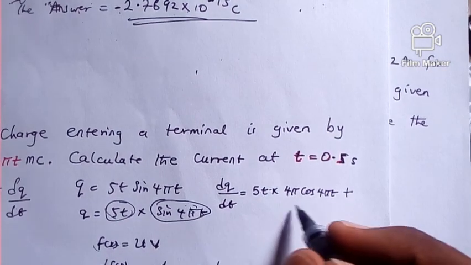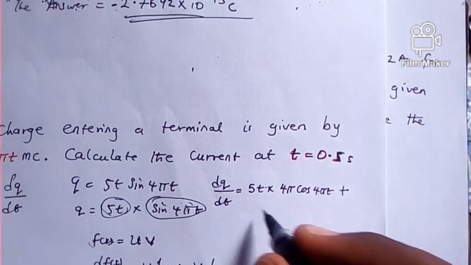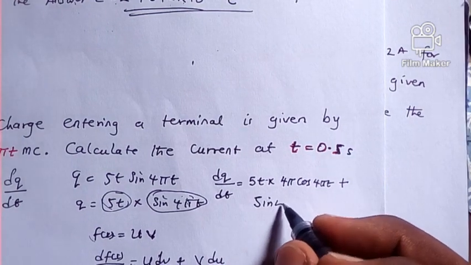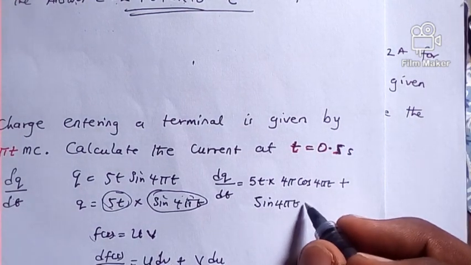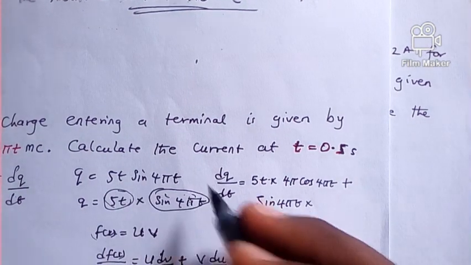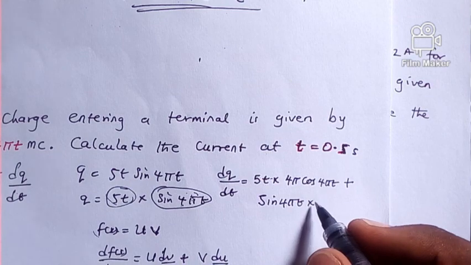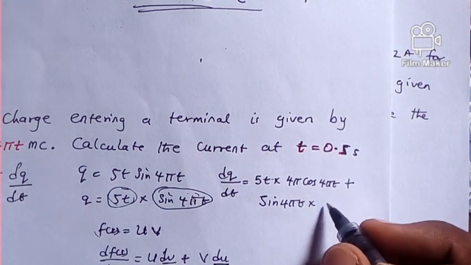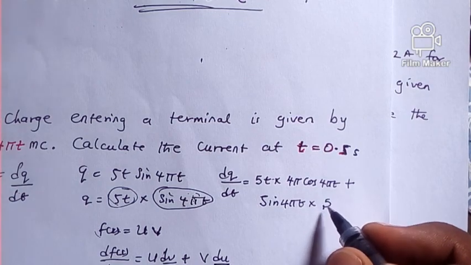We add it to what? We take sine 4 pi t, and we multiply it by the differential of 5t, like we did in the first video. Differentiating 5t, you have 5.